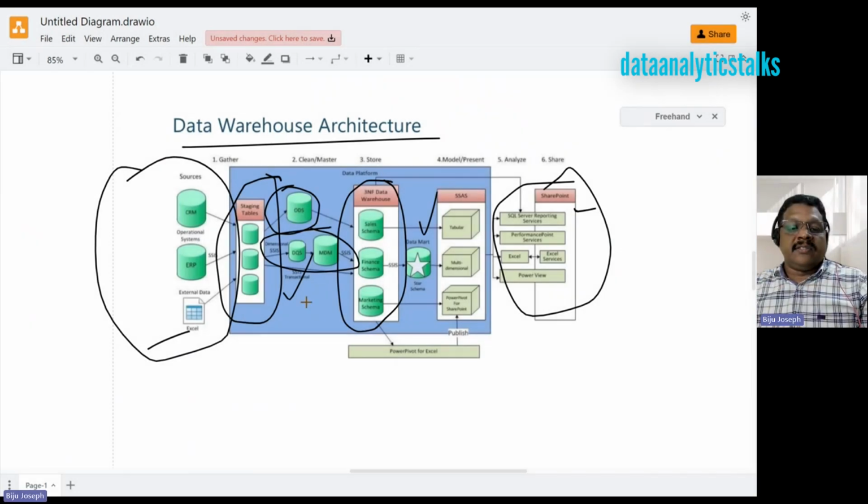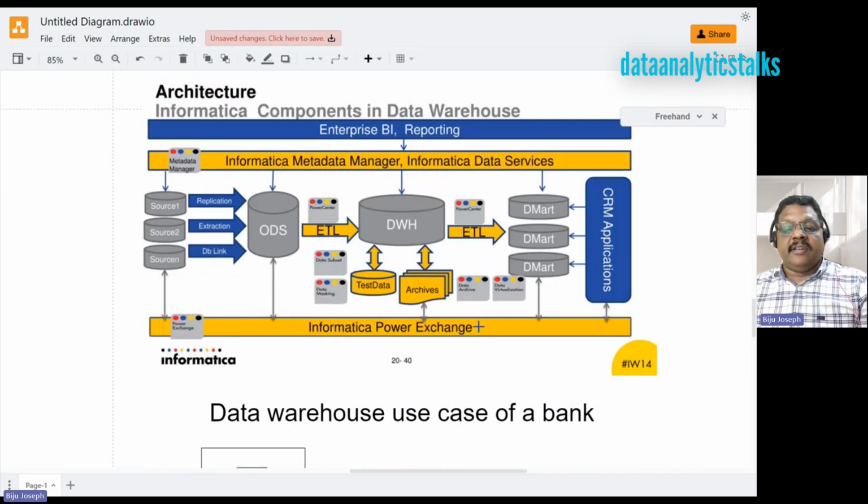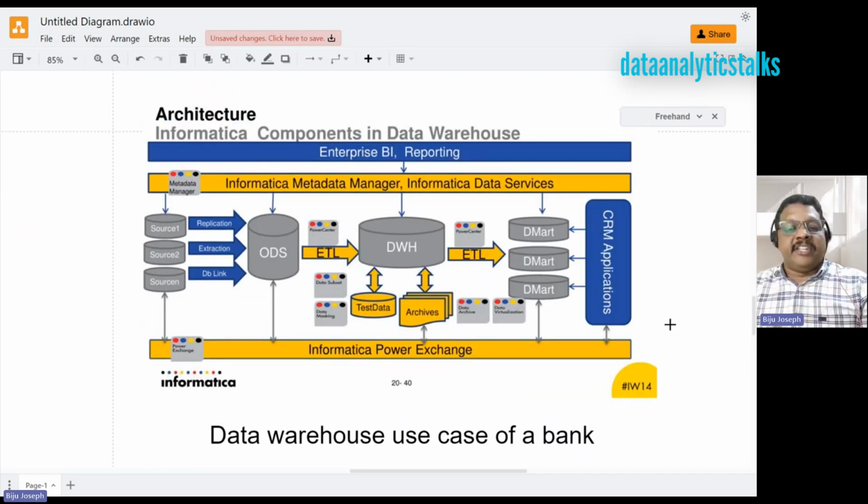And since we will have to have some ETL tools, where do you use Informatica here? We have already seen Informatica is a leader in the area of data integration, data management, and data quality. So let's see how the architecture of Informatica places itself into this schema.